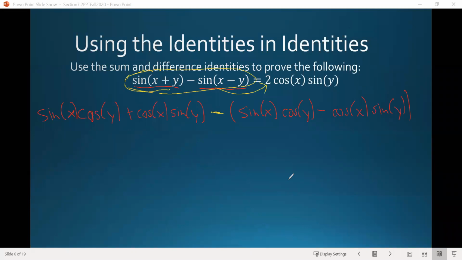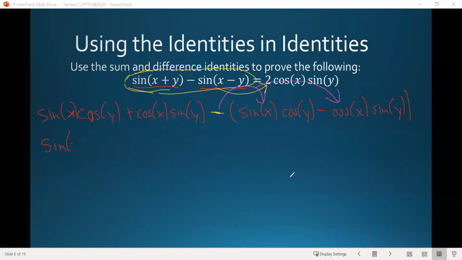Okay. And you probably noticed looking at this, it looks like there's some like terms, right? I see cosine of x, sine of y there and there, sine of x, cosine of y there. So that seems like a good sign. But before we can deal with combining any like terms, we have to deal with that negative sign on the outside of our parentheses, which means it needs to be distributed in to our two terms inside the parentheses.